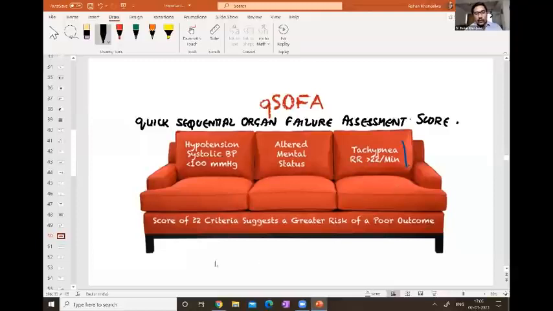And if you have a score of 2 or more than 2, then that indicates sepsis, and indicates a poor outcome.